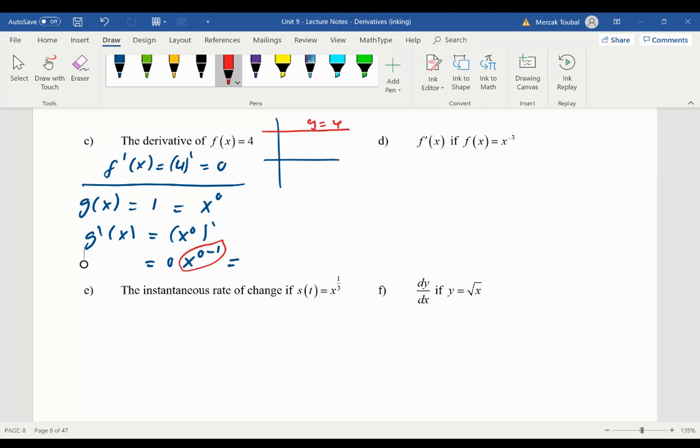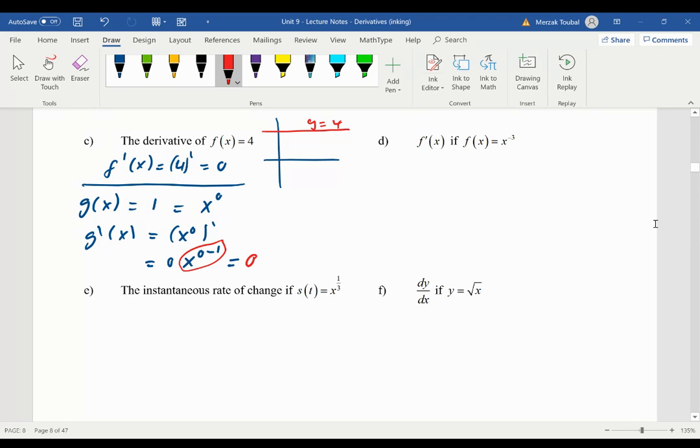It's multiplied by 0, so the answer is going to be 0. The reason why I'm trying to show you how it works using the formula when f of x is 4 is because we need to know that 4 times x derivative is the same as 4 times derivative of x.